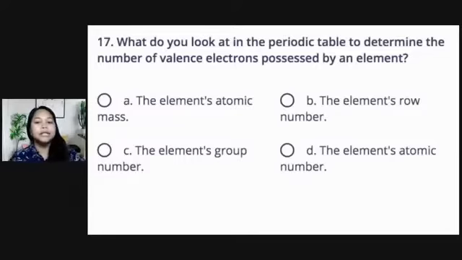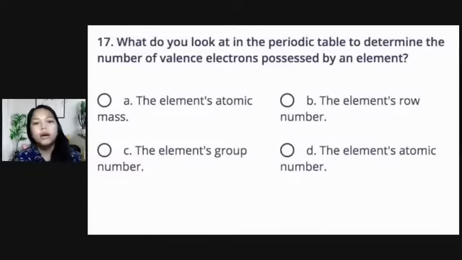All right, letter D, the element's atomic number. Nakalimutan nyo na to. Meron na tayong mga items about this before, no? So maaaring nakalimutan nyo na.